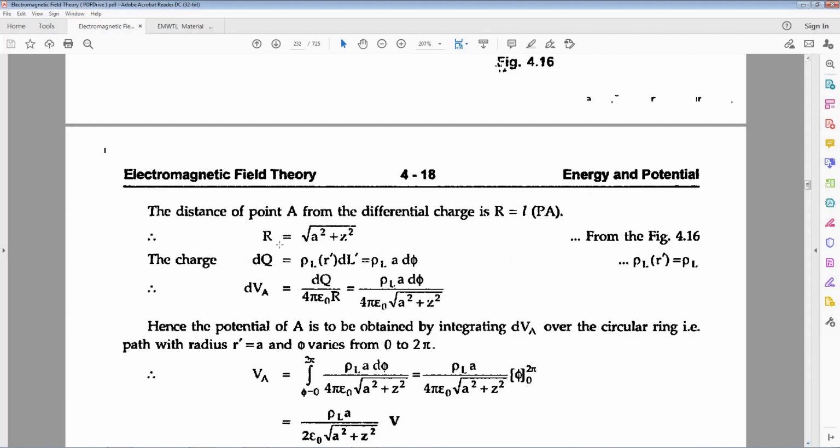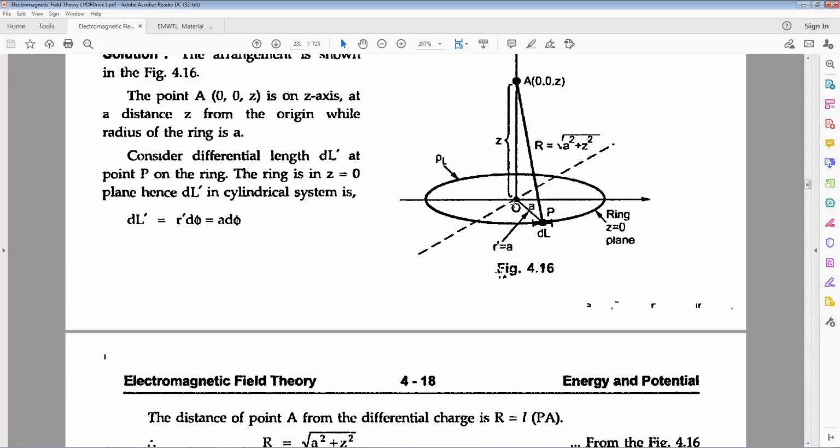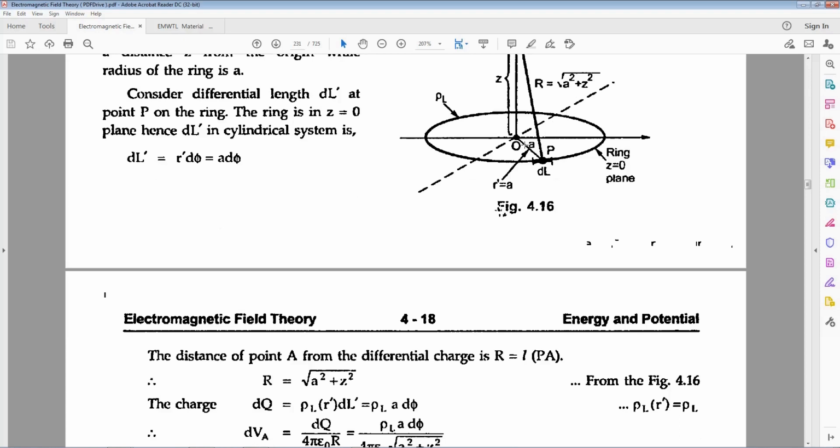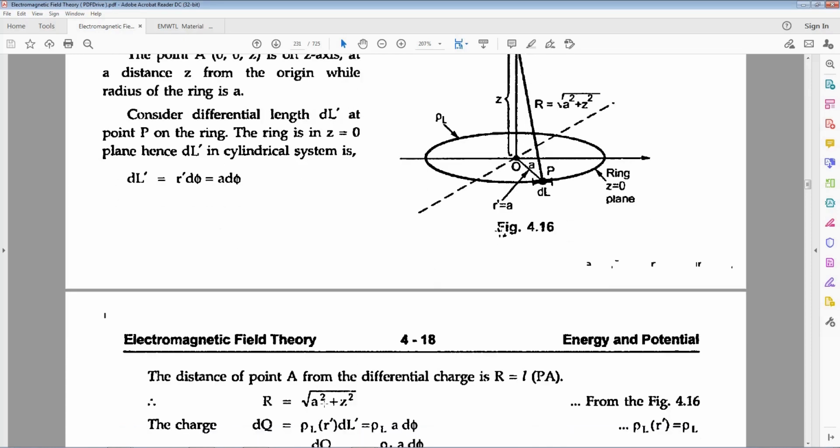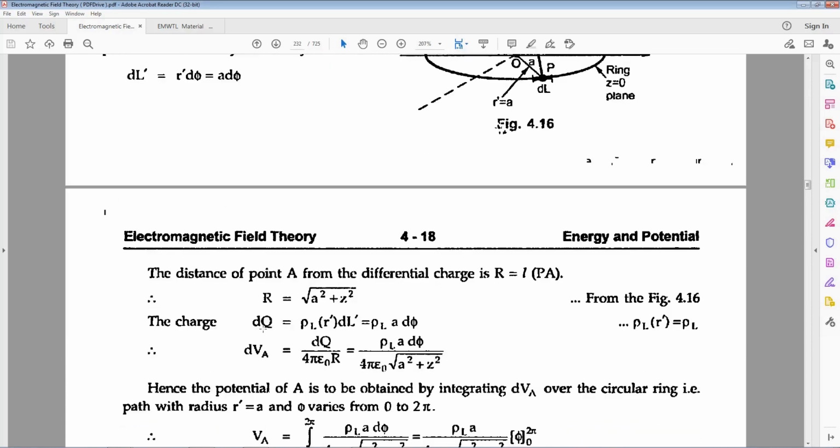So see, the square root of A square plus Z square only we got because of the point 0, A, 0 and the point 0, 0, Z. A is a distance here, and plus Z square, a point Z here. The 0 minus 0 and A minus 0 and 0 minus Z whole square, you'll get A square plus Z square. So dq is equal to rho L into dl.